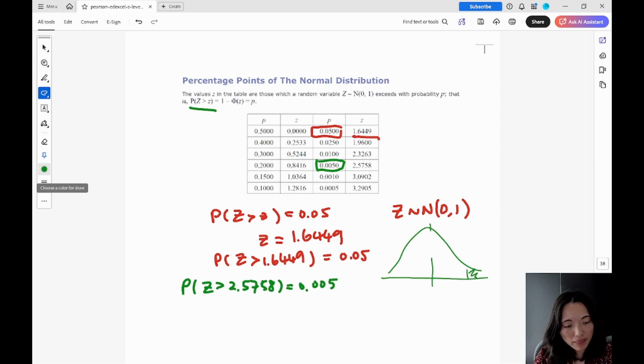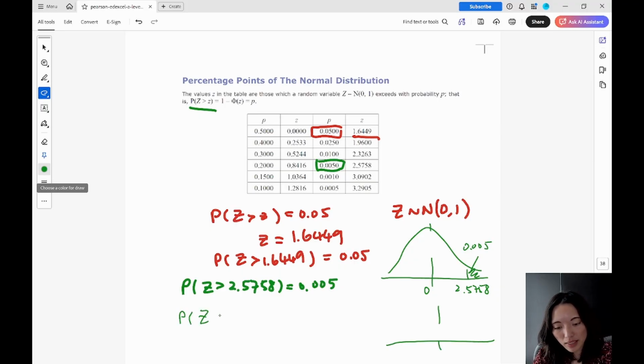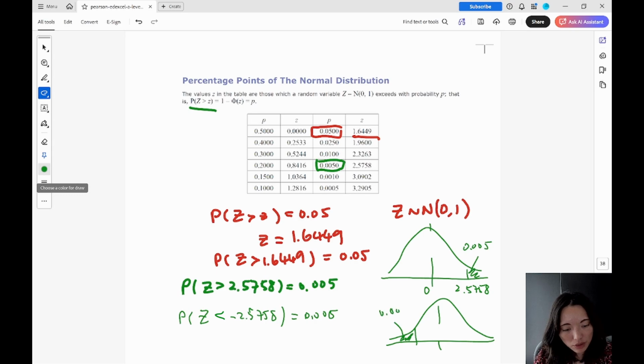So 0.005 means 2.5758. But by symmetry, we're able to work out probability of z less than minus 2.5758 is also 0.005, because by symmetry again, if this is 0.005, then I know this value needs to be minus 2.5758.